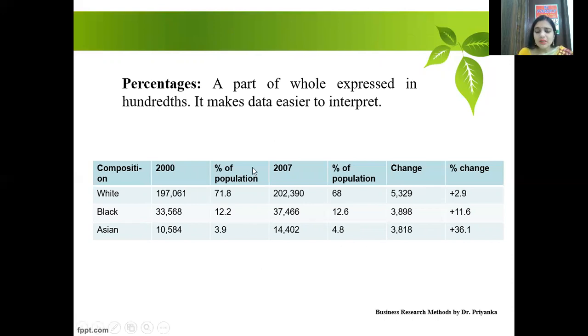For example, in 2000 the population was this, and in 2010 it was this. So you can easily calculate the percentage change, whether it decreased or increased, and by how much, the percentage mentioned here, right?